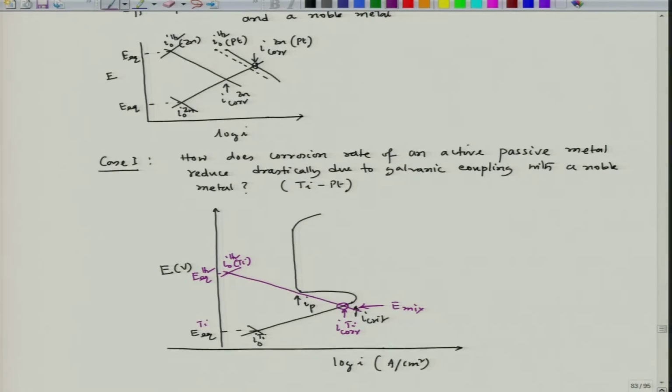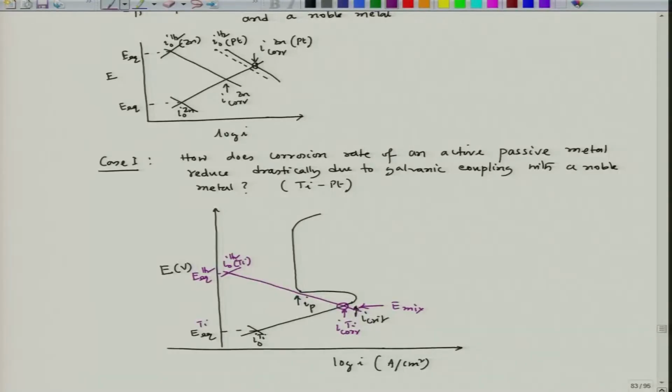So, that is why the corrosion rate is falling in the active zone of the anodic polarization side of titanium. Now, if we have platinum on titanium surface, then the platinum will provide surface for hydrogen evolution reaction. And again the exchange current density of hydrogen evolution on platinum surface will come into picture.